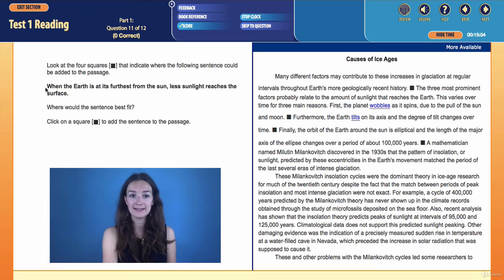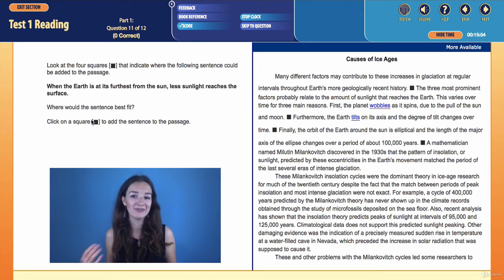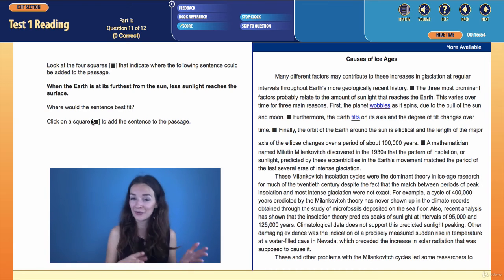Here we see the sentence starts with "when." So we need to carefully see what is the logic which unites all these sentences and where is the best place for this sentence. There are a lot of hints. You see all these transitions, first, furthermore, finally, when, and they make it easier for you. If you carefully read all these transitions, you eventually find out what is the best place for this sentence.